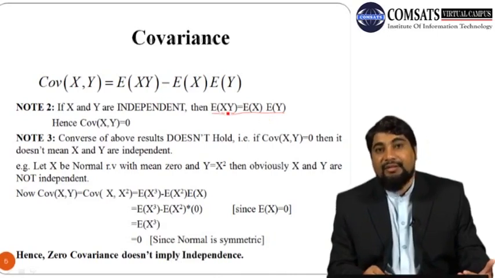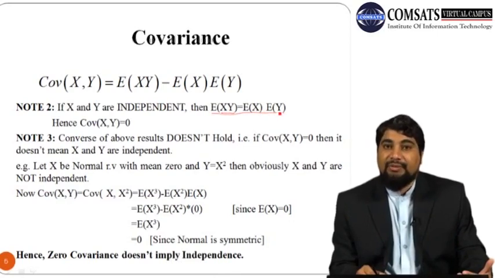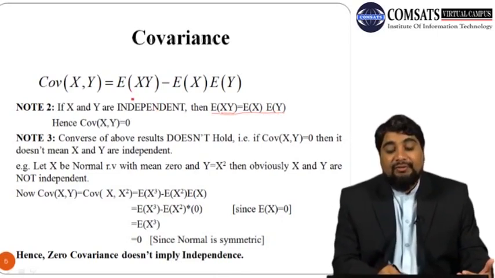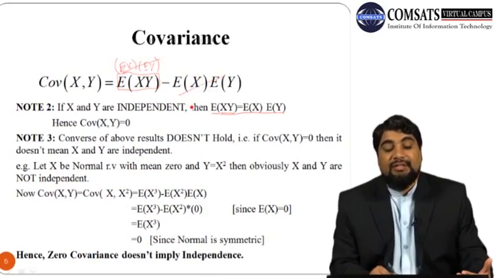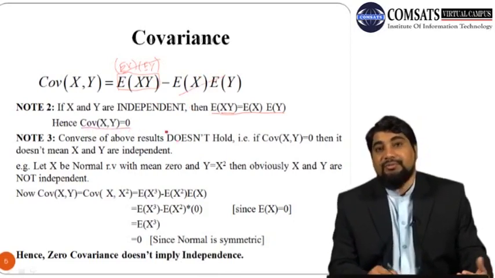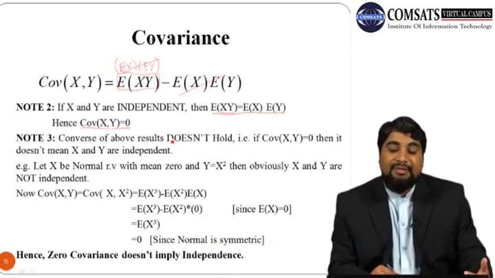So the expected value of the product of two random variables x, y is equal to the product of individual expectations, that is expected value of x times expected value of y, where x and y are assumed to be independent. So in this formula, if we replace this expression by Ex times Ey, you can see that the same thing will be cancelled with the same thing, so covariance will be equal to 0. So if x and y are independent, then covariance between x and y will be 0.